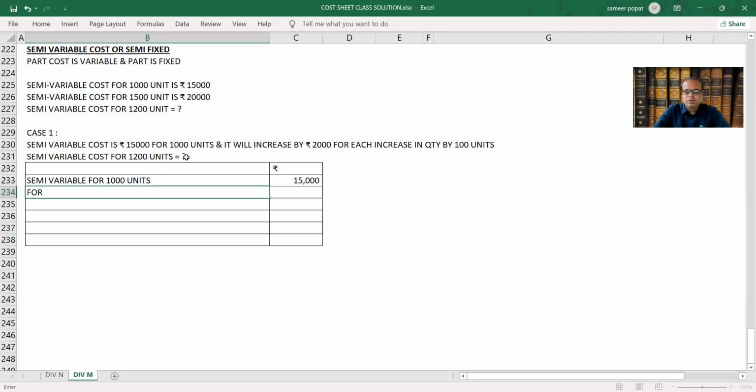For each 100 unit increase, cost would increase by 2000. So here it would increase by 2000 rupees. Now again for the next 100, again 2000 cost will increase. So you will get total semi-variable for 1200 units as 19,000. So in this case, they directly gave the behavior of cost, how the cost will change if there is an increase or decrease in quantity.